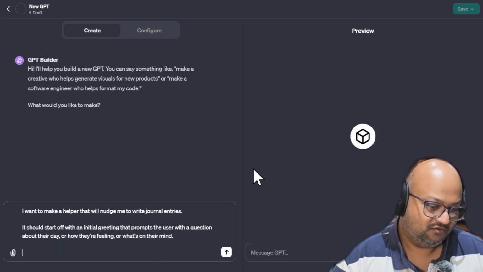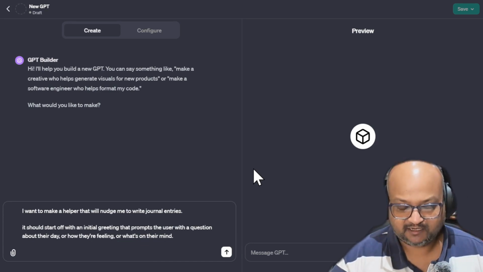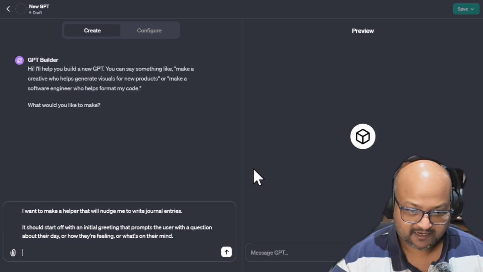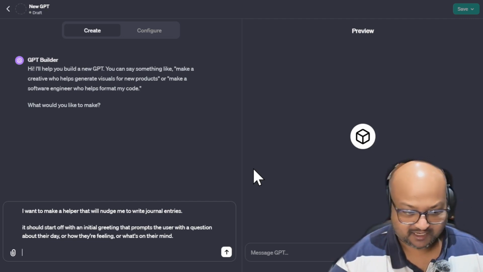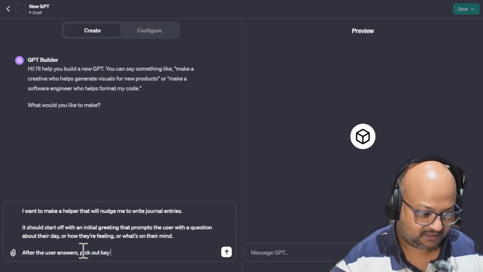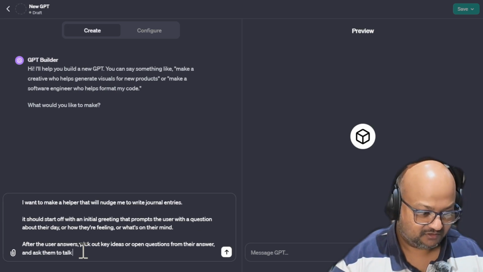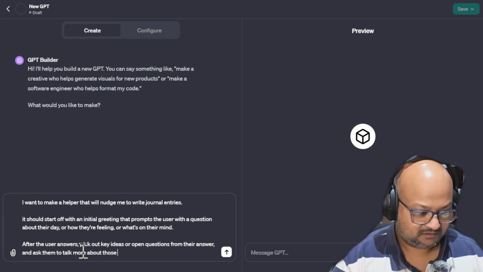And then once the user says something, I want the LLM to pick out some key ideas from what that person said and try to keep the conversation going by asking more about those specific things that they're talking about. After the user answers, pick out key ideas or open questions from their answer and ask them to talk more about those things.